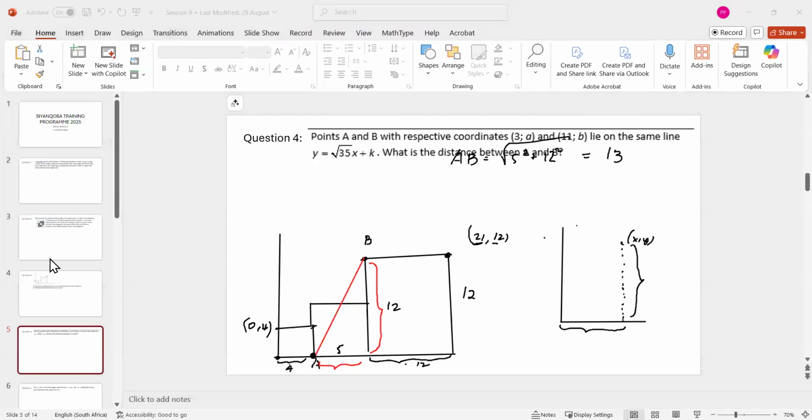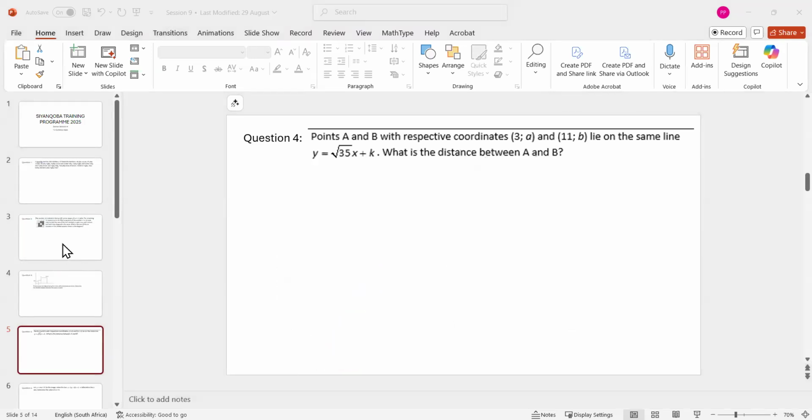This last problem was all about coordinates and interpreting coordinates in a proper way so you know what the lengths are. So question 4 is this: points A and B with the respective coordinates (3, a) and (11, b). We need to draw a diagram here.